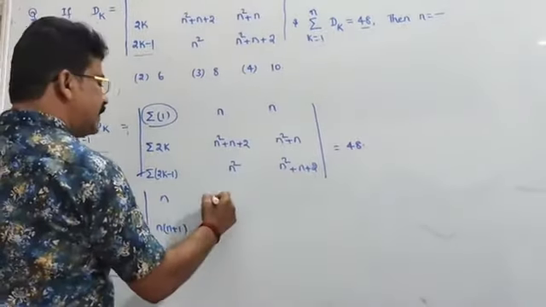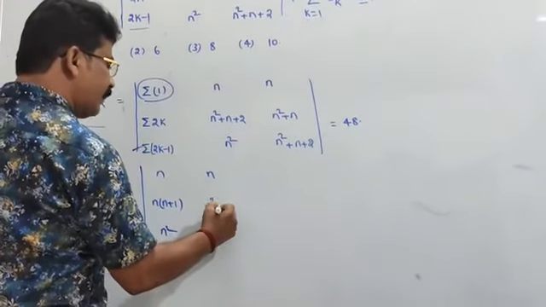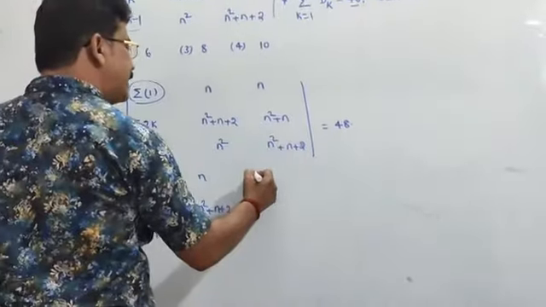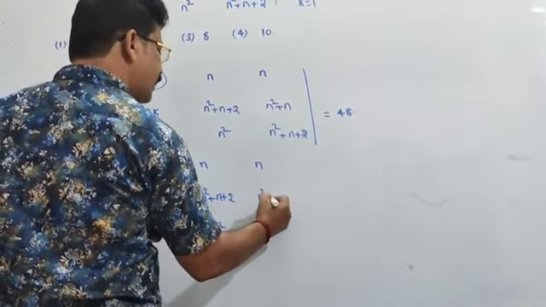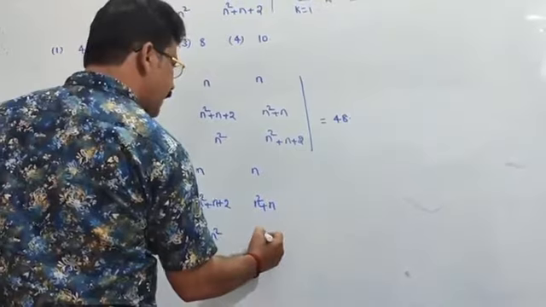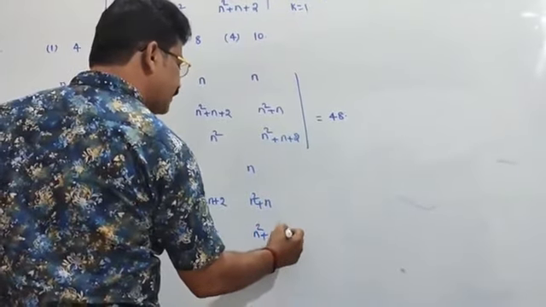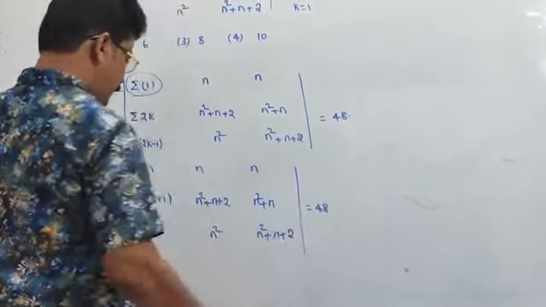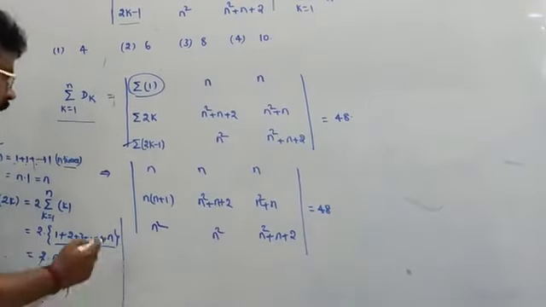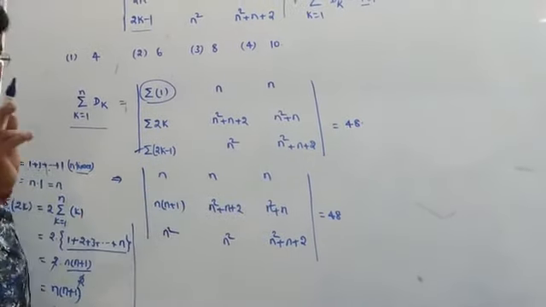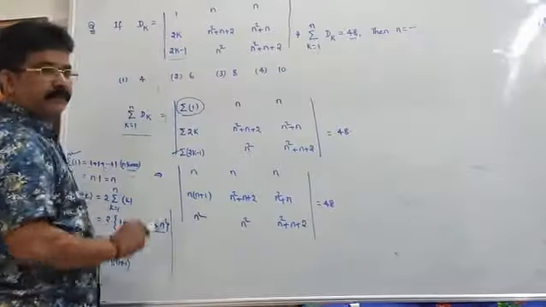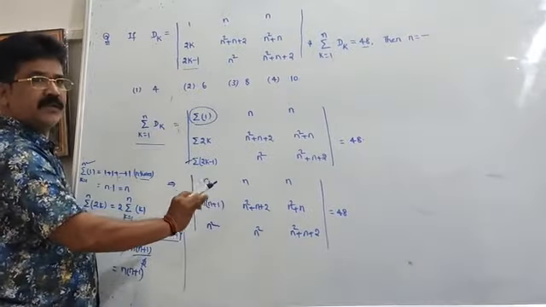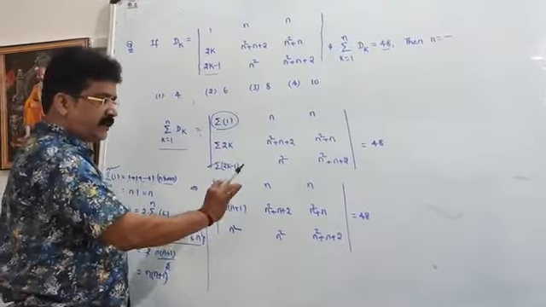Next, C2: n square plus n plus 2 n square; C3: n square plus n square plus n plus 2, that is equal to 48.